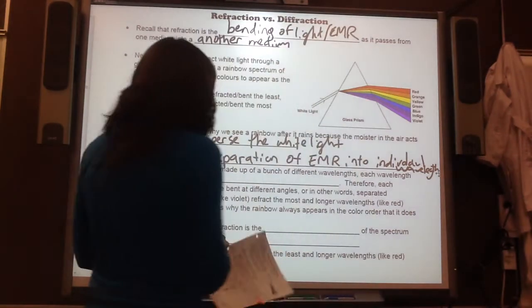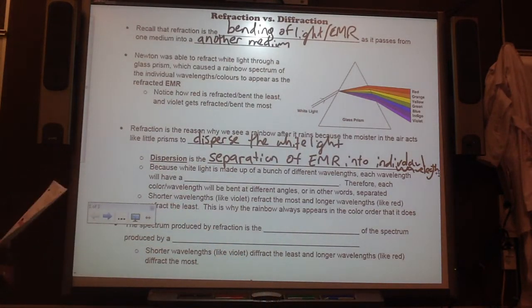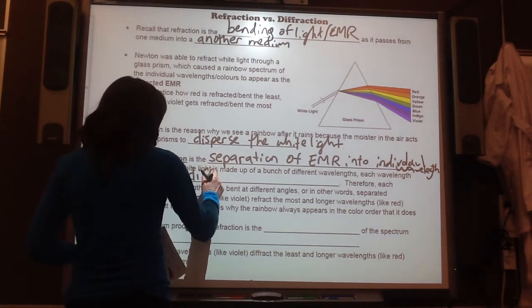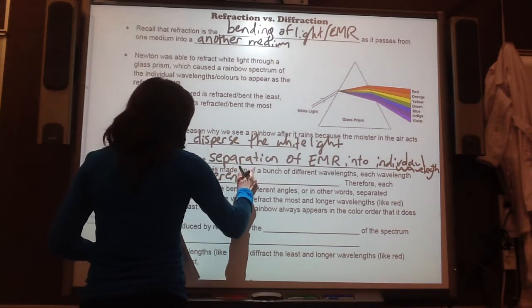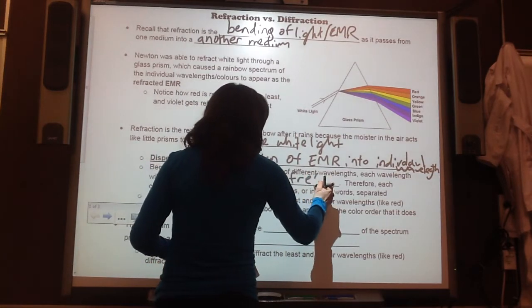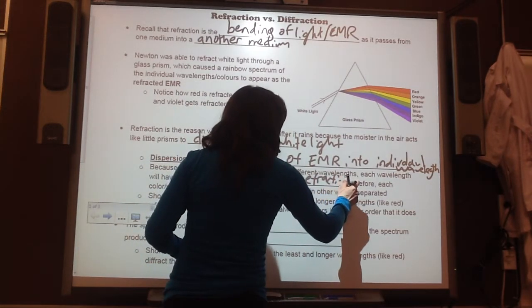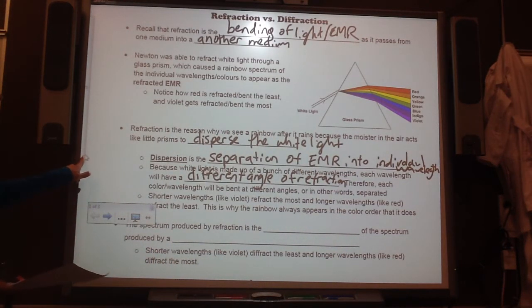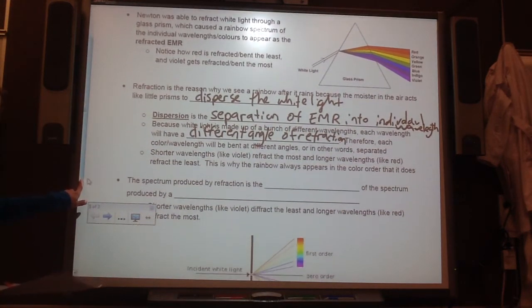Because white light is made up of a bunch of different wavelengths, each wavelength will have a different angle of refraction. So it will respond differently to the same medium.